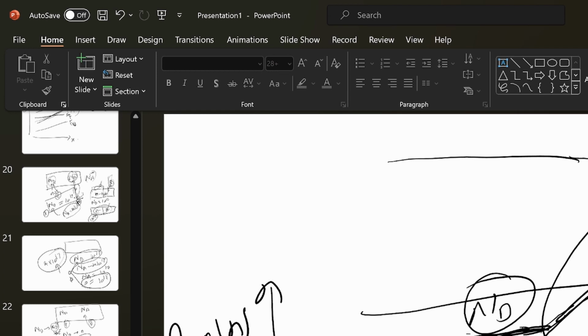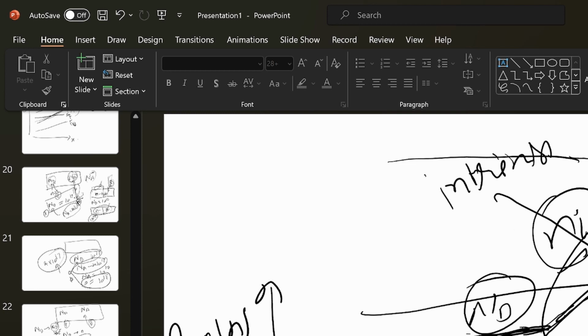This region is because of the Ni, log of Ni, so this is the intrinsic region. This region is just because of the intrinsic carrier concentration at higher temperatures.